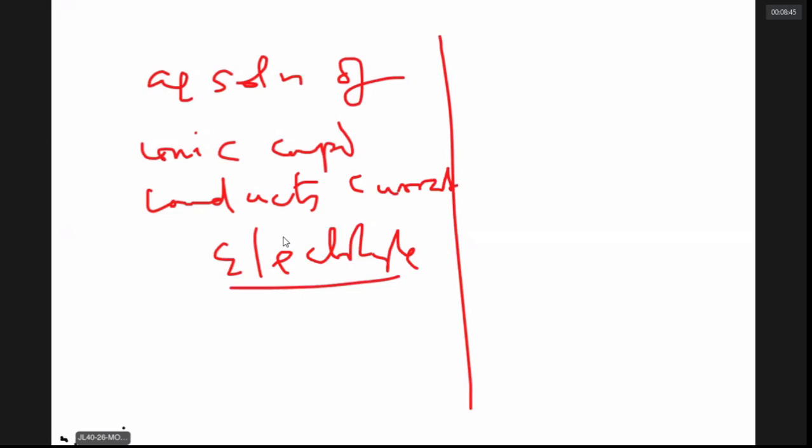Whereas covalent compounds like sugar and glucose, if they dissolve in water, the solution is a non-electrolyte and cannot conduct current.